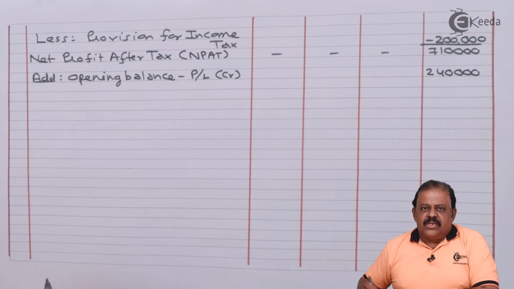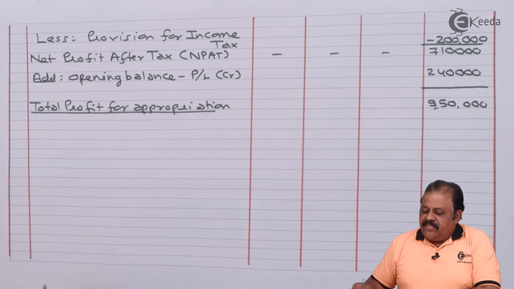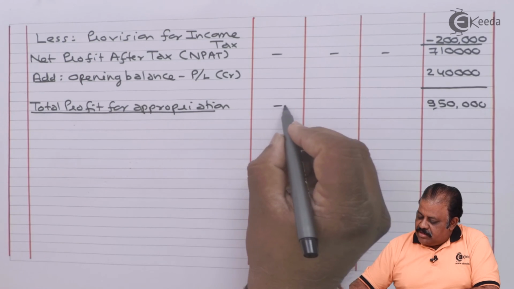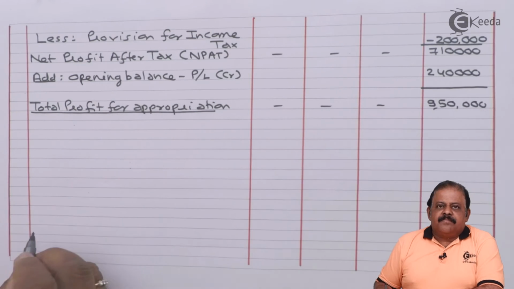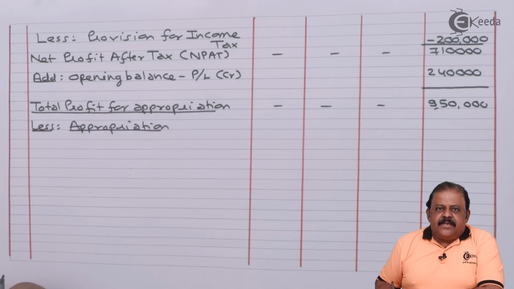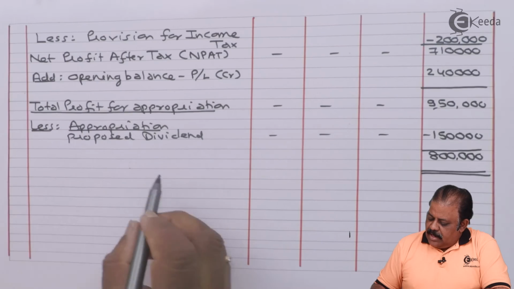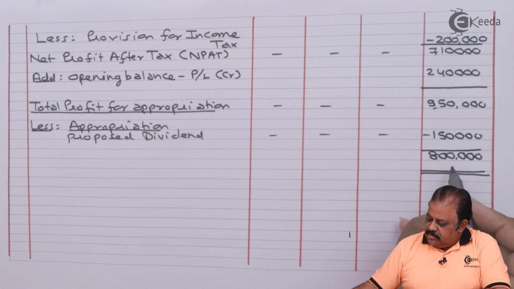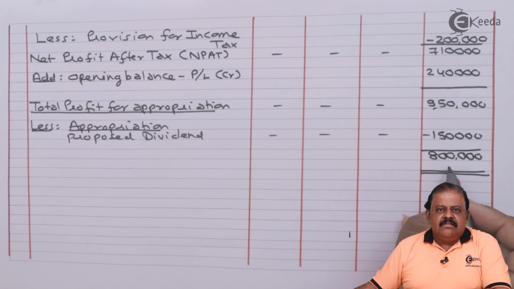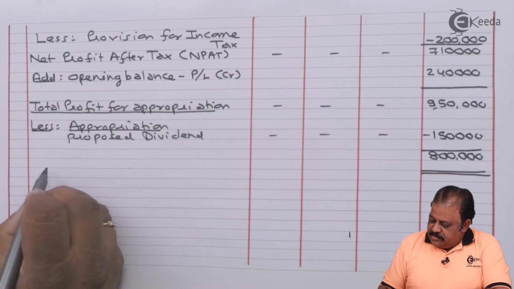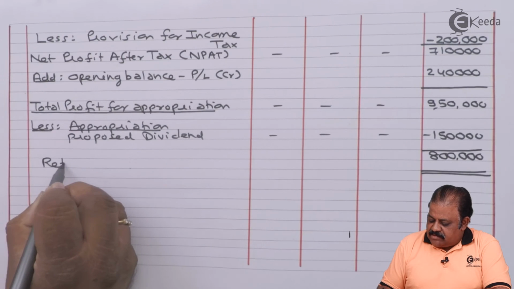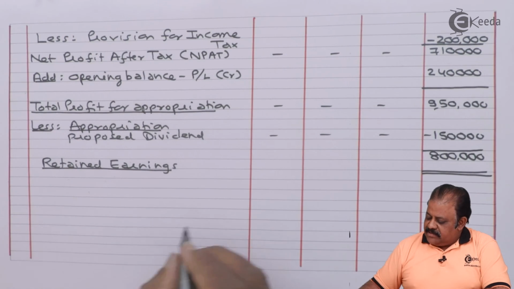Total profit available for appropriation 9,50,000. Less appropriation items. Proposed dividend 1,50,000. After deducting proposed dividend, we have final surplus 8 lakhs. This is also referred to as retained earnings.